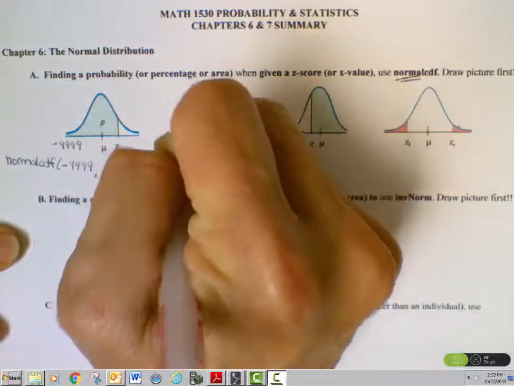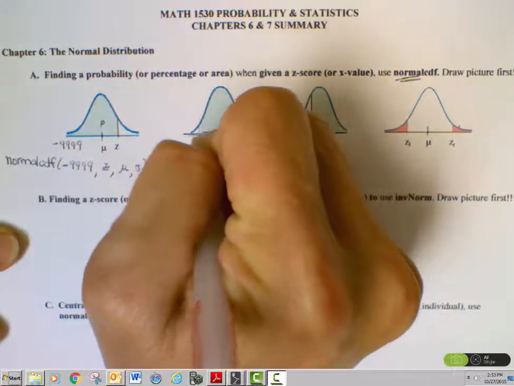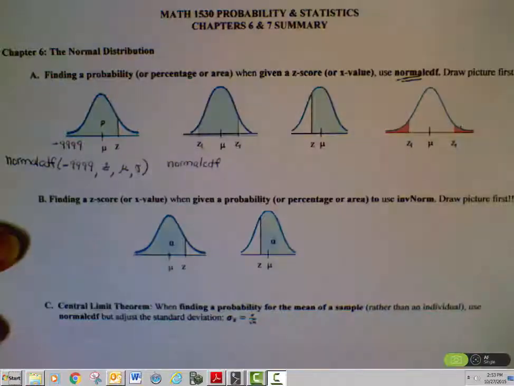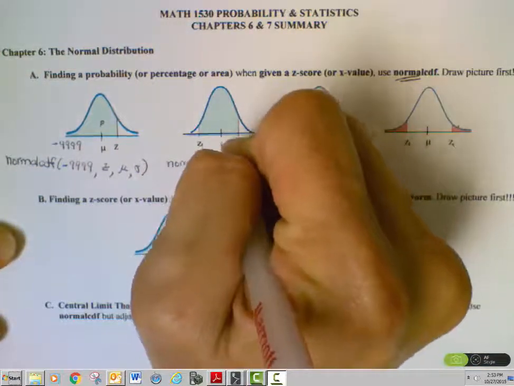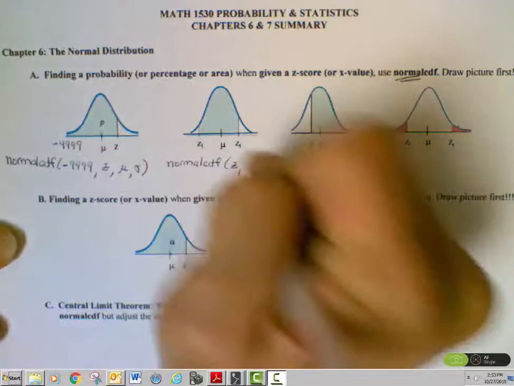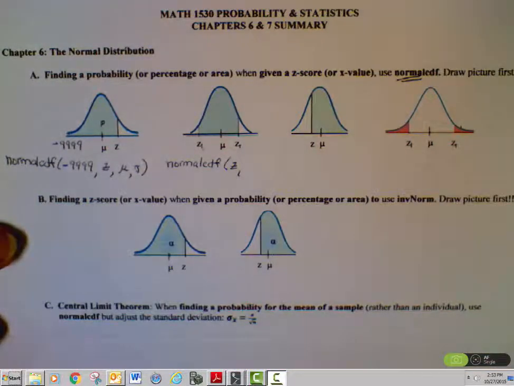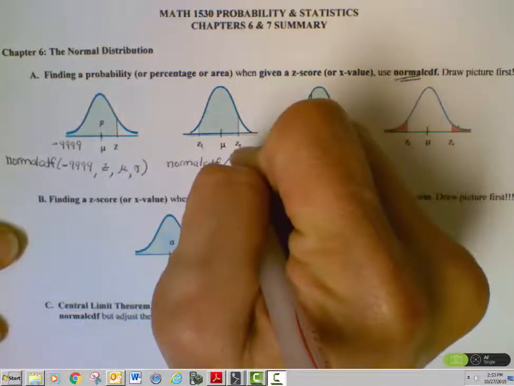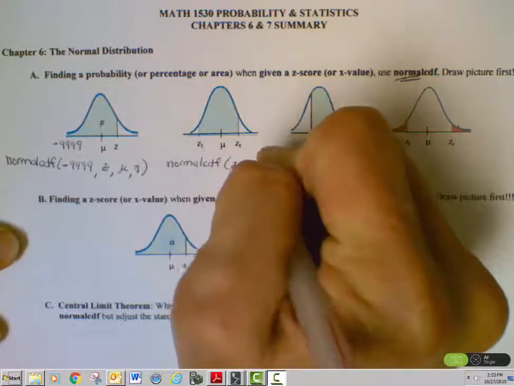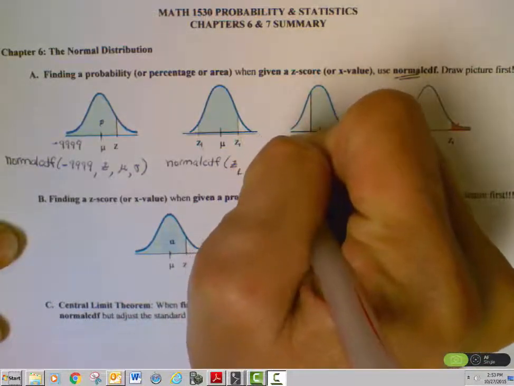And then I'd simply enter it on the calculator as normal CDF, the left score that I was given, I'm just going to use Z sub L for that. That just means the left score, whatever it is. And then the right score, and then the mean and the standard deviation.